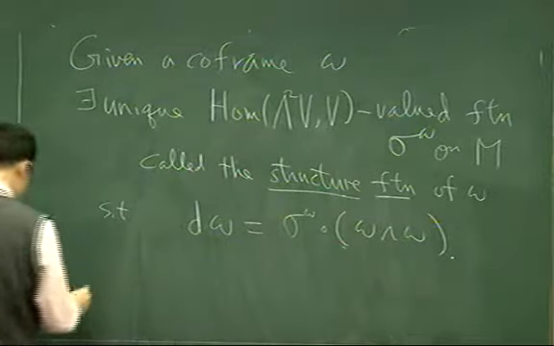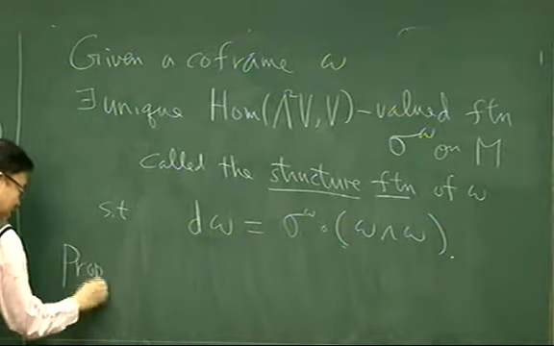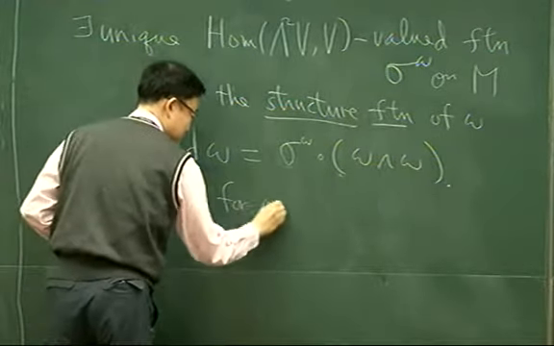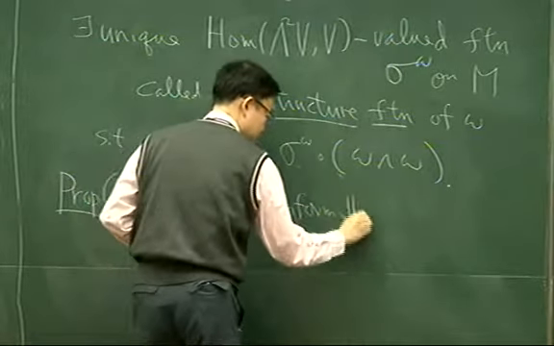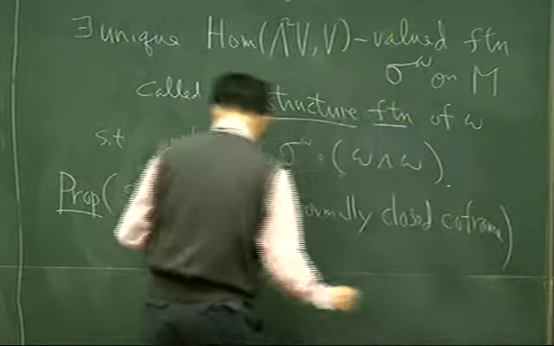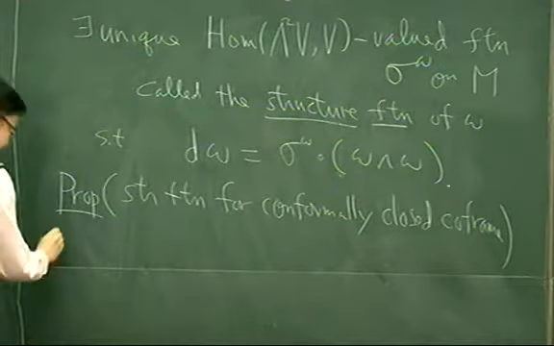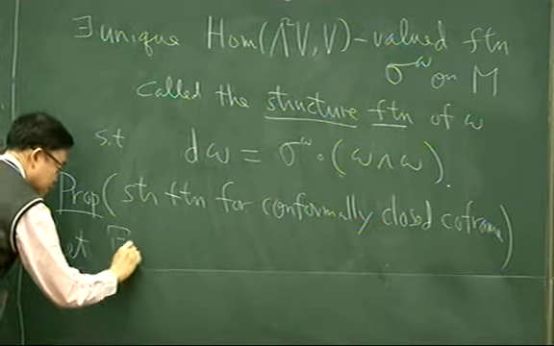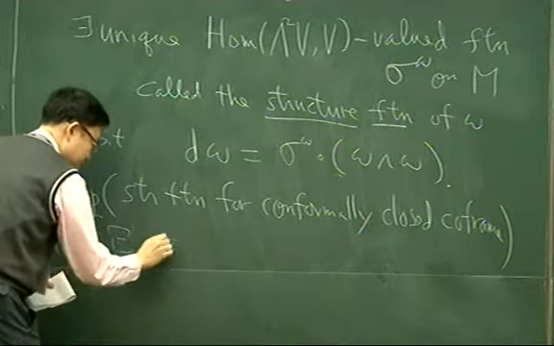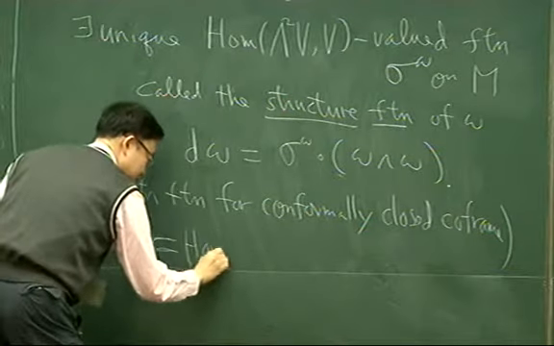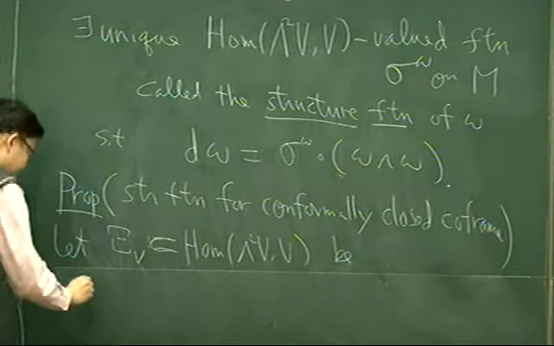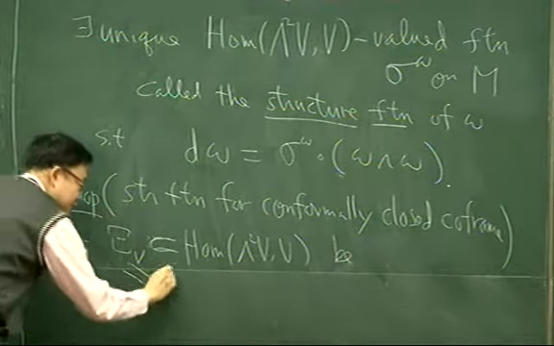Now here's a small proposition. This describes the structure function for conformally closed co-frames. Let me denote by CD a subspace in this space, defined as follows.